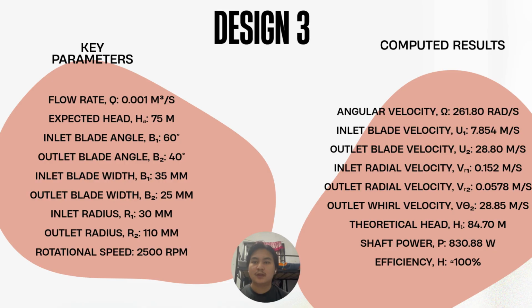The outlet radial velocity VR2 equal to 0.0578 meter per second, and the outlet velocity V theta 2 is equal to 28.85 meter per second. We obtain that the theoretical head is equal to 84.70 meter, and the shaft power is equal to 830.88 watt, and we get the efficiency is approximately 100%.